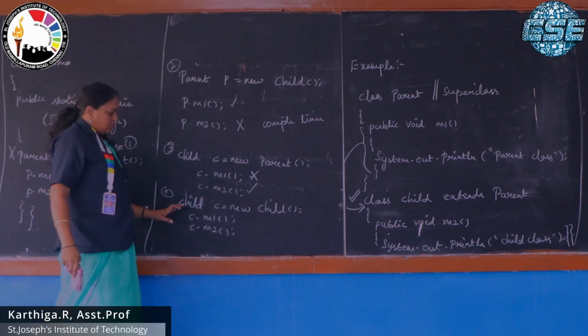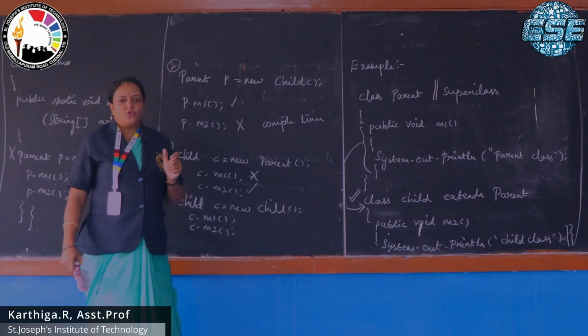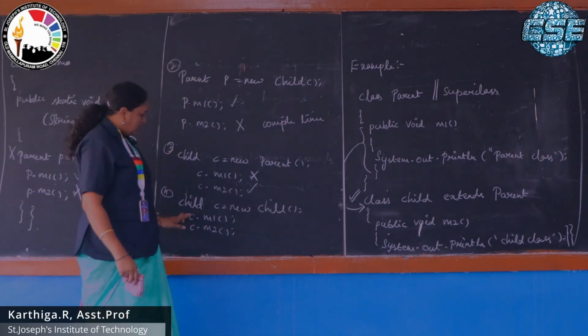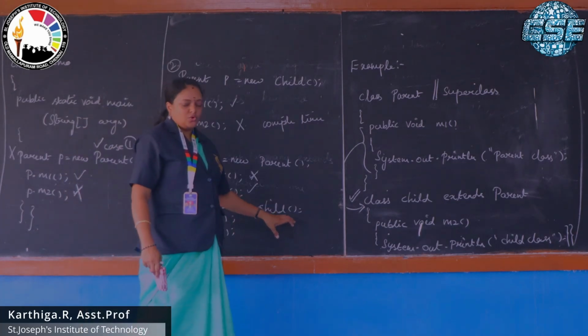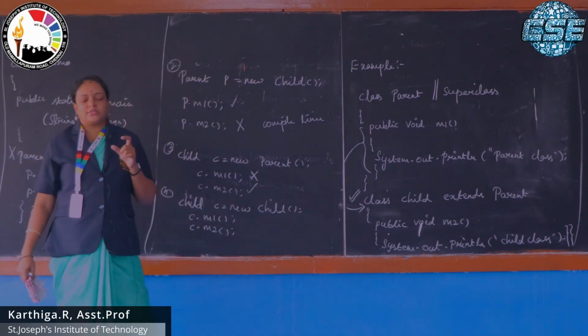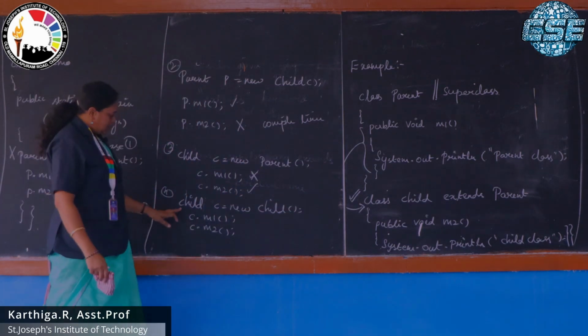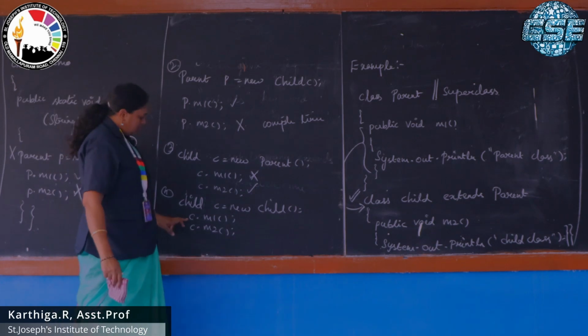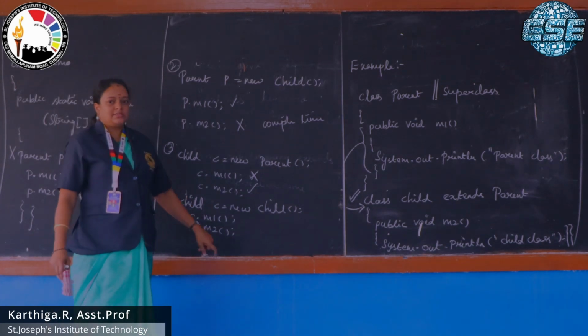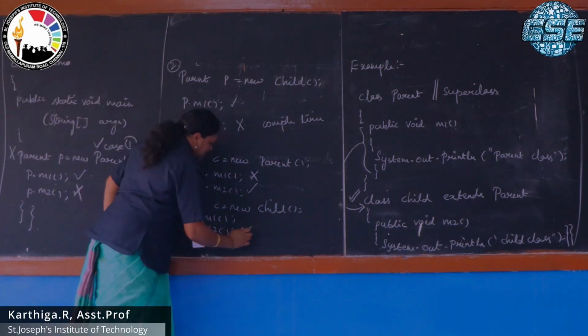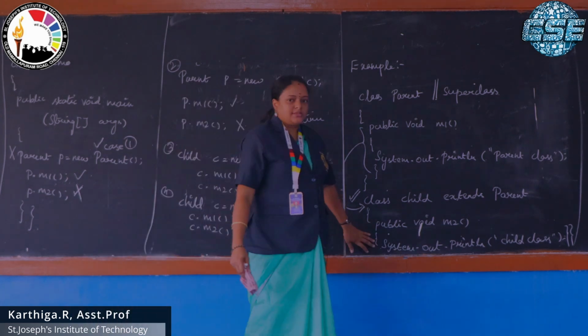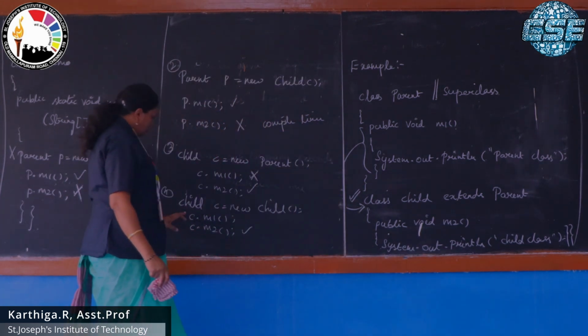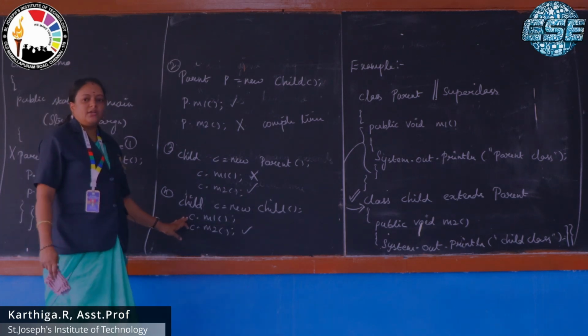Here we create an object for the subclass: Child c = new Child. The object is created for the subclass child. Is c.m2 accessed? Yes, it will be accessed because it is declared in the subclass. But what about m1, which is declared in the parent class?